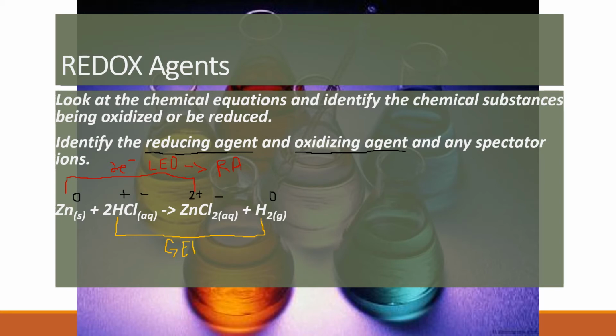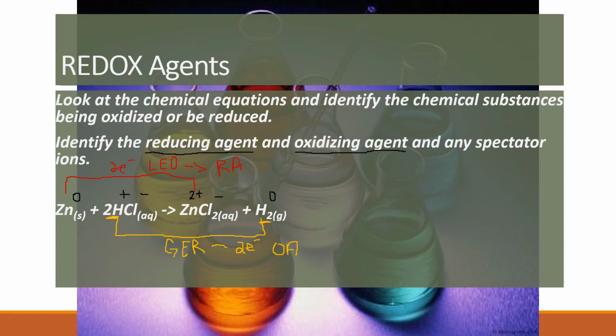We call this reduction, R. And we lost 2 initially, but if we look here, there are 2 hydrogen. So essentially, each hydrogen has taken an electron, and it has gained 2 electrons, and we are going to call this the OA, the oxidizing agent.